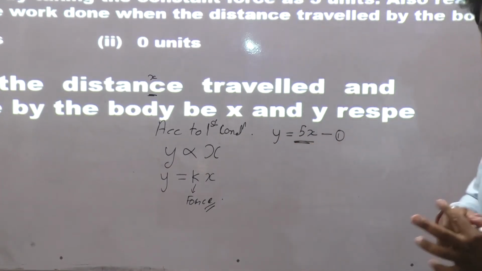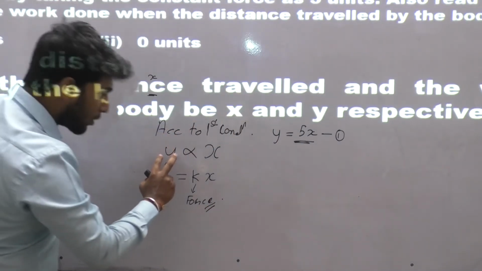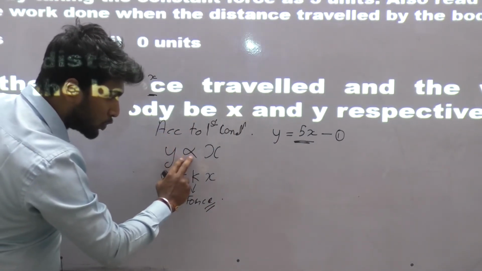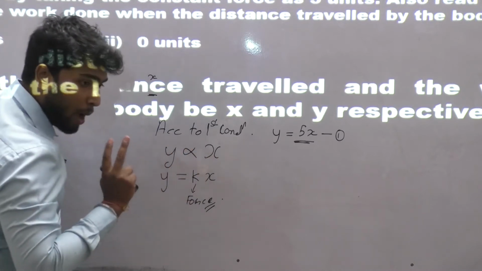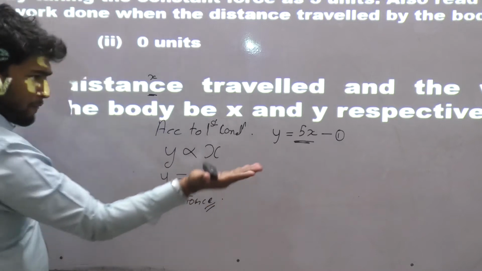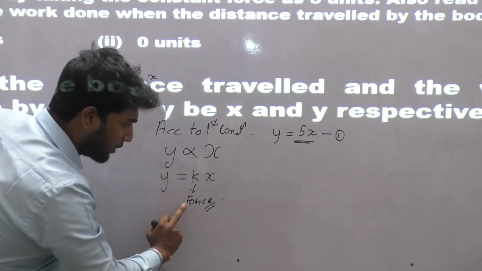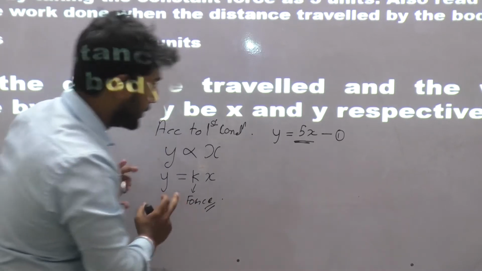समझ में आया? सबको समझ में आया? This is the work done is directly proportional to distance traveled by the body. पर यार एक बॉडी डिस्टेंस कब ट्रैवल करेगी? जब हम फोर्स अप्लाई करेंगे. तो it is equal to k. k is nothing but the force. Getting it?